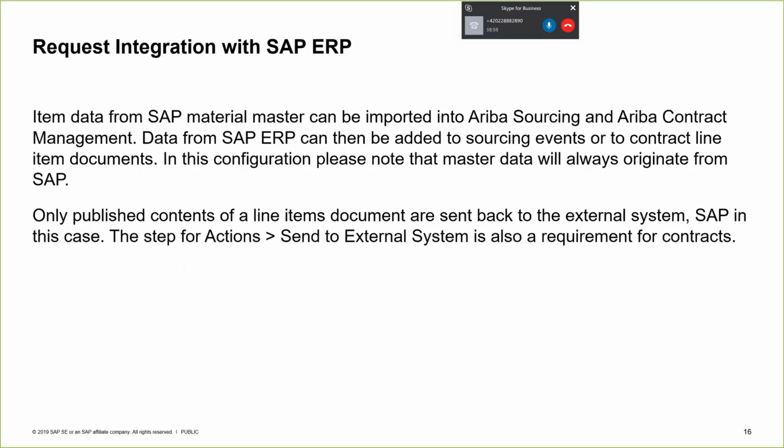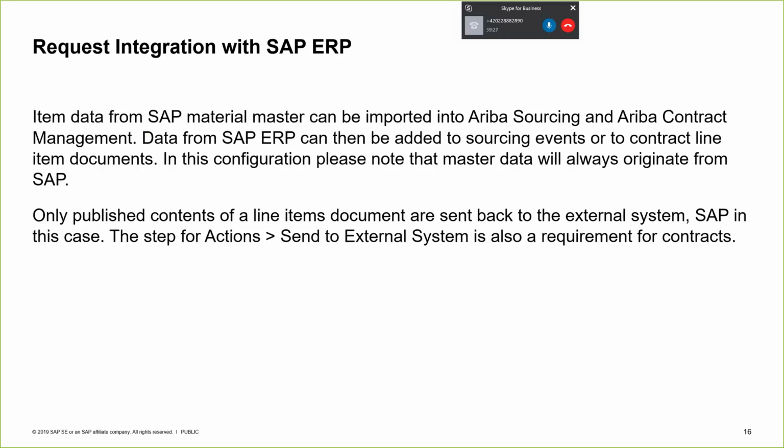In the agenda, we have seen that one of the points we are going to cover today is the integration with SAP ERP. We speak about the item data from SAP Material Master that can be imported into Ariba Sourcing and Contract Management. Data from SAP ERP can be added to sourcing events, which is the Material Master, or to contract line item documents.